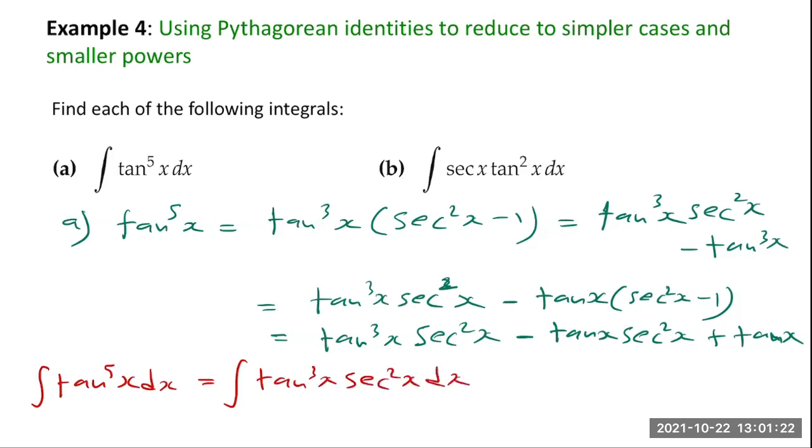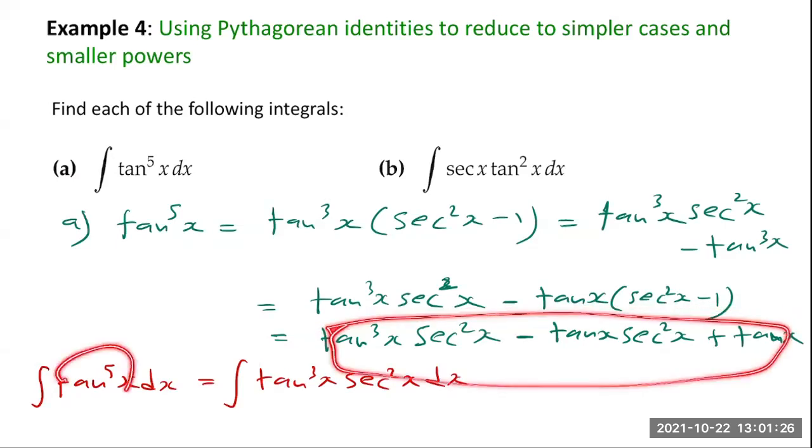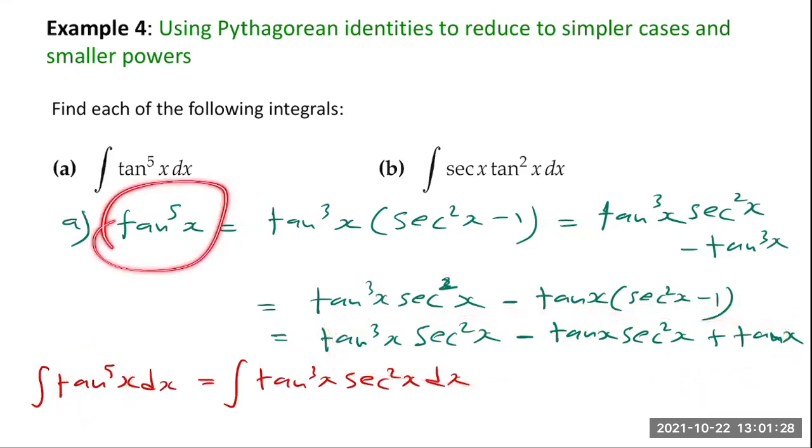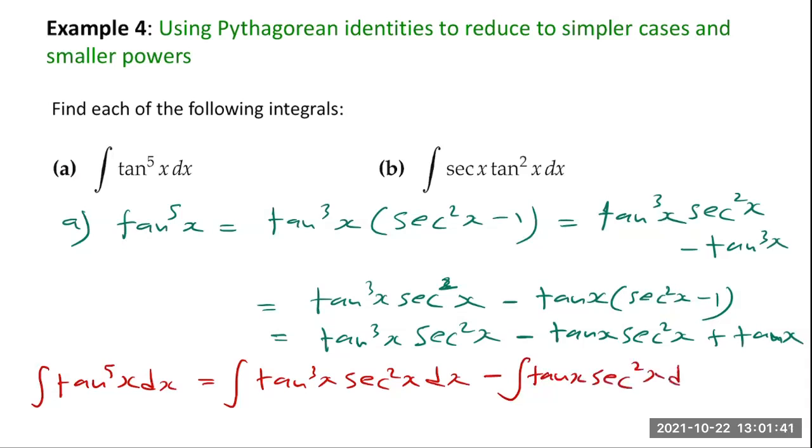I'm just plugging in this expression for tan 5x, because tan 5x is equal to this. Plus, actually it should be a minus, the second integral, minus the integral of tan x secant squared x dx, plus finally the integral of tan x dx.